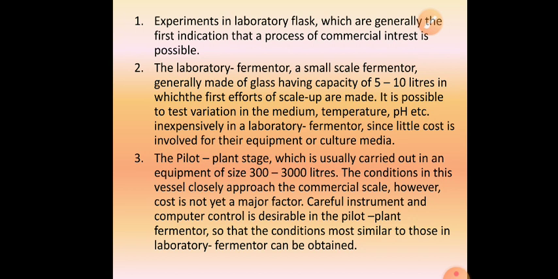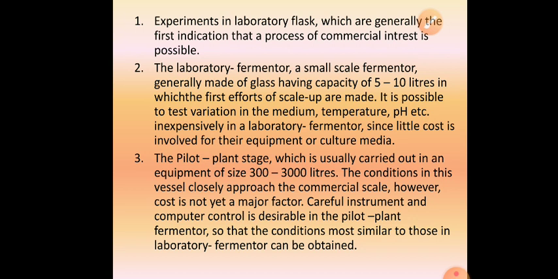The laboratory fermenter, a small scale fermenter generally made up of glass having a capacity of say 5 to 10 liters, in which the first efforts of scale up are made. See, actually scaling up means what? Going on increasing the volume of the medium and hence going on increasing the product yield.